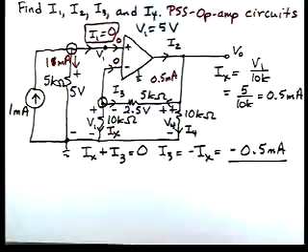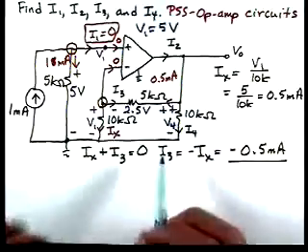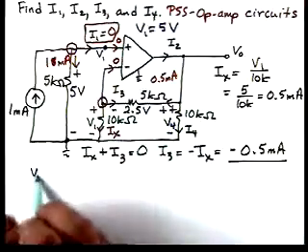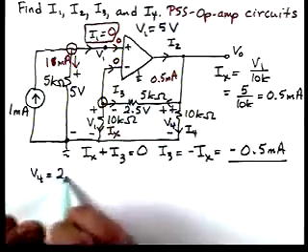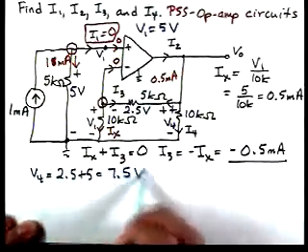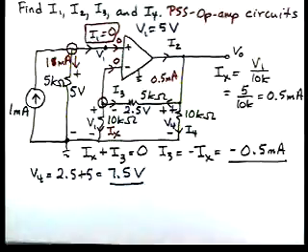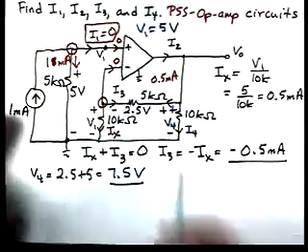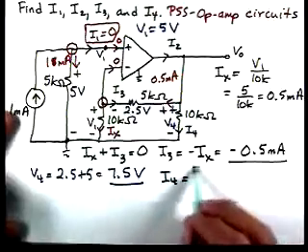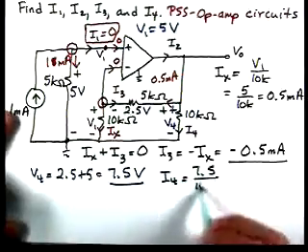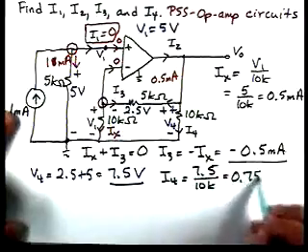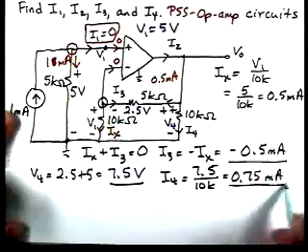If we apply Kirchhoff's voltage law around this loop, we'll get V4 is equal to 2.5 plus 5, or 7.5 volts. So then I4 is 7.5 divided by 10K, 0.75 milliamps.